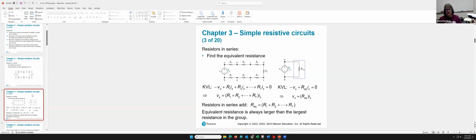All right, so basically when we have simple resistive circuits like this, we find using Kirchhoff's voltage law that the equivalent resistor, in other words, if we were to replace these 7 resistors in this particular circuit, to find an equivalent resistor, it's just the arithmetic sum of all 7 resistors in this case.